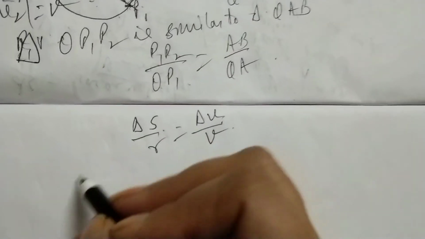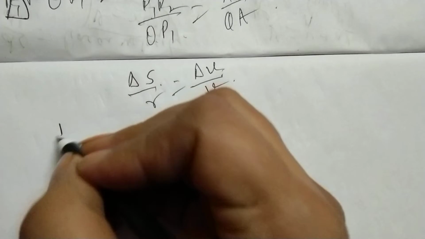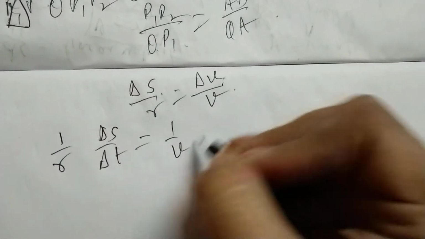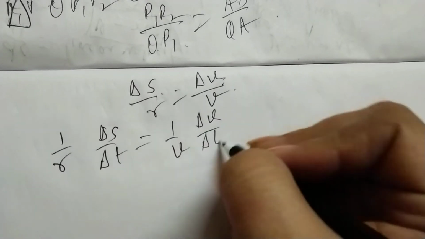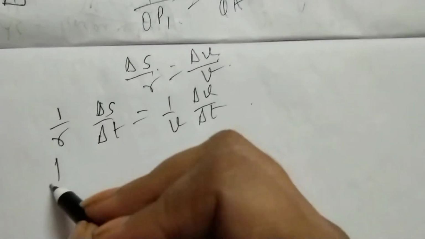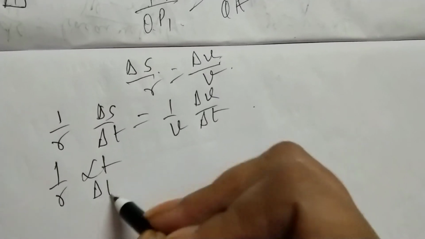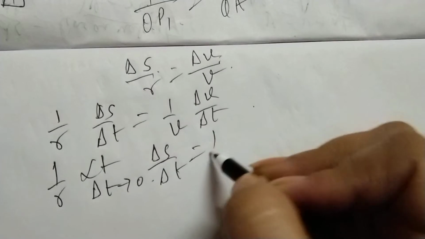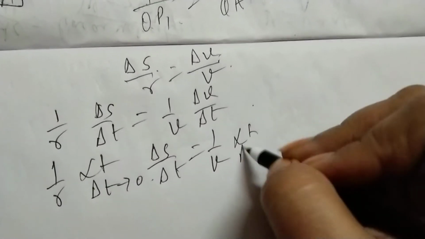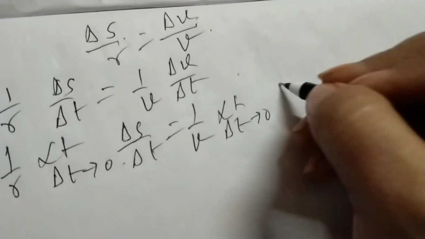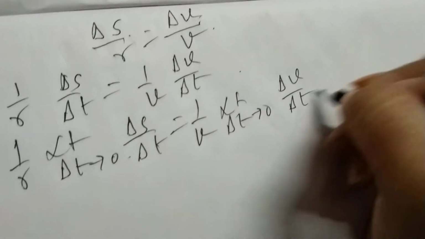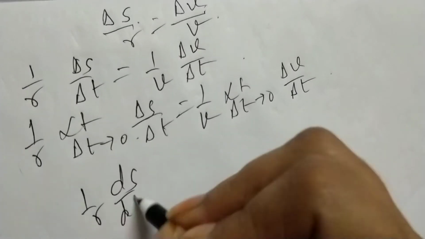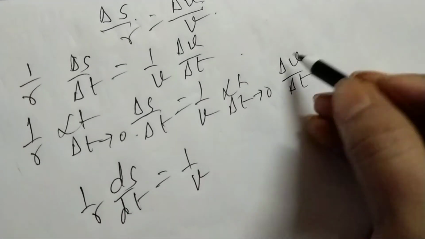Now the next step, we divide the equation by delta T. So it will be 1 by R delta S by delta T is equal to 1 by V delta V by delta T. Then let's take the limit delta T tending towards 0.